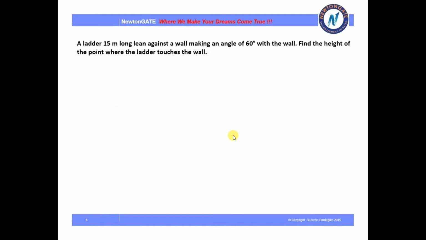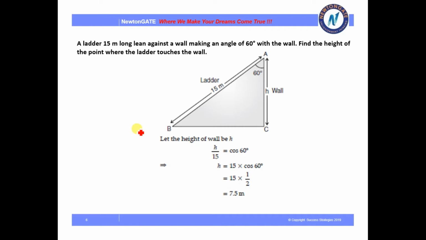The next example says that a ladder 15 meter long leans against a wall making an angle 60 degree with the wall. Find the height of the point where the ladder touches the wall. So AB is the ladder. The ladder is leaning against the wall AC, making an angle 60 degree with the wall.